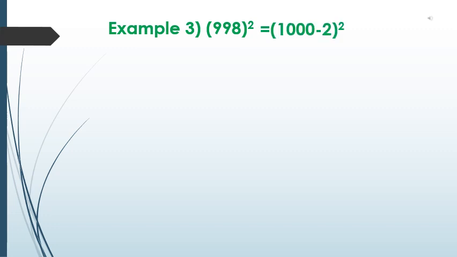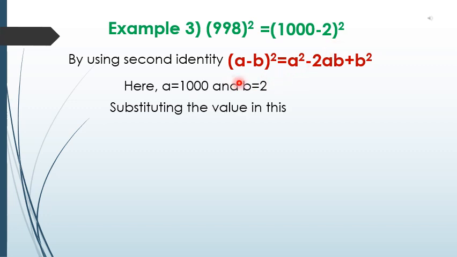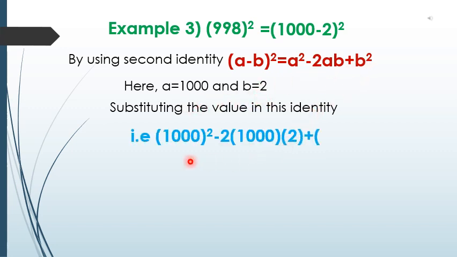Let us take one more example: 998². We can write it as (1000 - 2)². We will use the second identity, (a - b)² = a² - 2ab + b². Here a is equal to 1000 and b is equal to 2. Now substituting the values in this formula, that would be 1000² - 2 into 1000 into 2 + 2², which is equal to 1000² is 10 lakh.